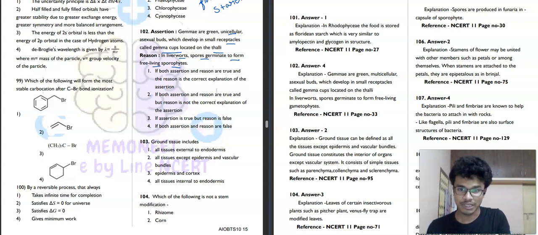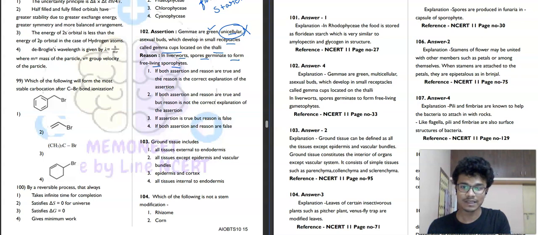First, the first statement says gemmae are green, which is correct. Unicellular: gemmae are not unicellular, they are multicellular, so unicellular is incorrect. The rest of the statement is correct except this part, so the whole statement is wrong.